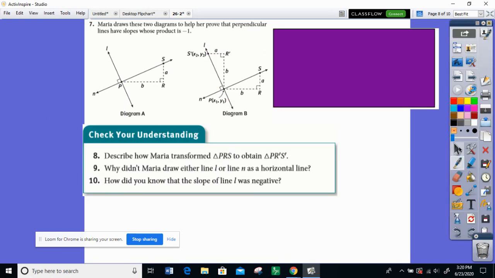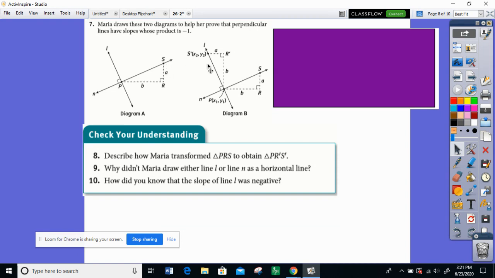All right, so we're going to answer some check your understanding problems about how Maria did her proof. Number 8, describe how Maria transformed triangle PRS to obtain triangle PR prime S prime.